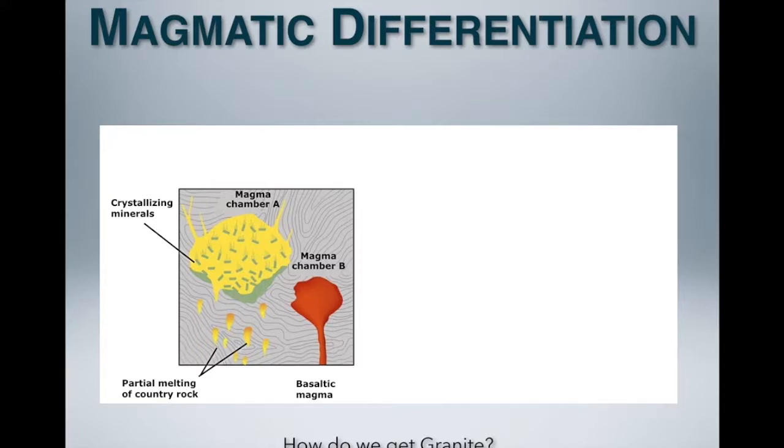And so that is melting the country rock, so the rock around it. And so what it does is it starts incorporating the material and the minerals that are in that country rock. And that mixes into the solution because you have a system that is very light.